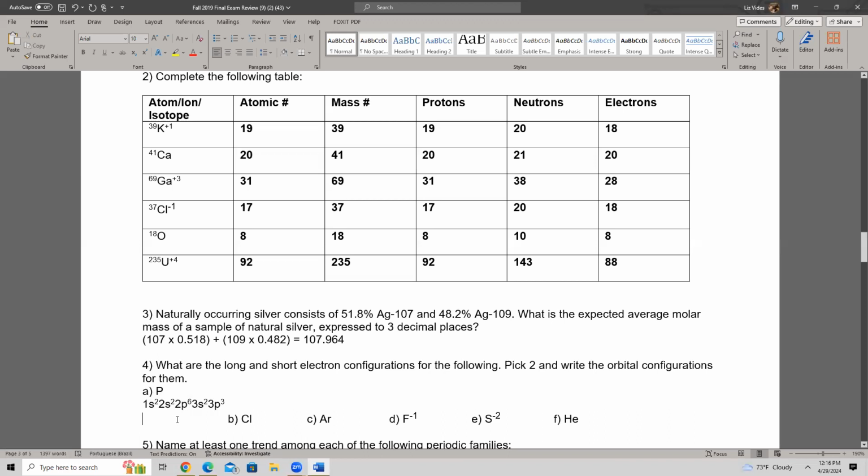Now, as far as the shortcut configuration, you substitute the closest noble gas, and by closest, I mean without going over, kind of like Vanna White, for the core electrons, which in this case is neon, right?